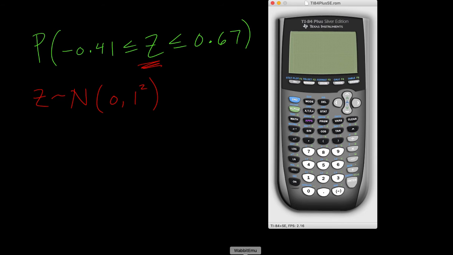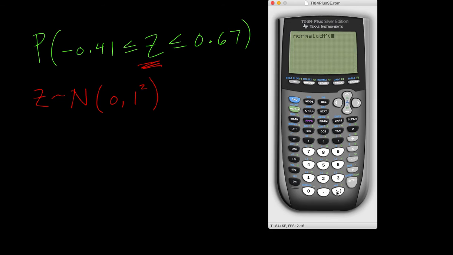And so on the calculator, we're going to go second, catalog. We want to go to a normal distribution, so we hit the N. And remember, because it's a range of values, not a single value, we're going to use CDF. So normal CDF. Okay. And we do the lower bound, the upper bound, and then the mean, and then the standard deviation.